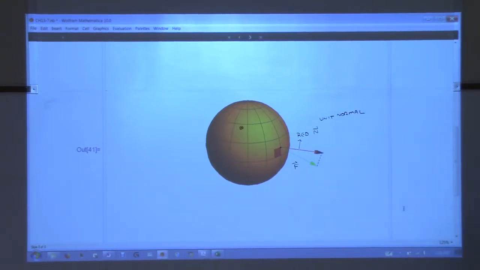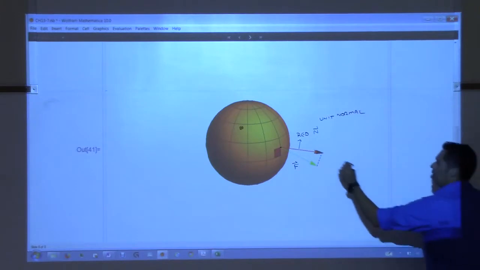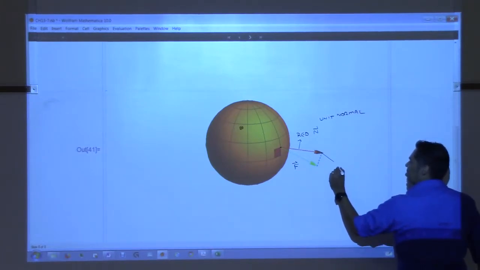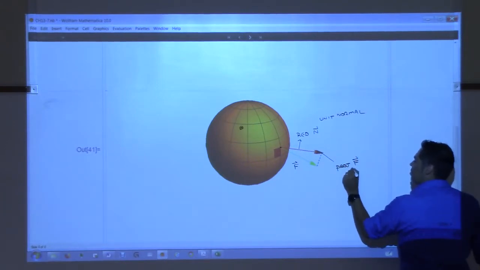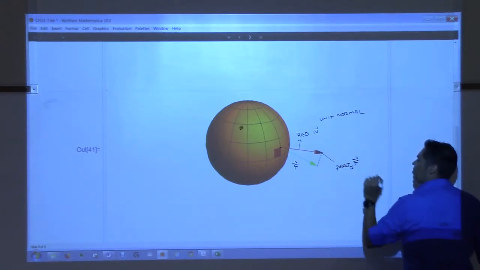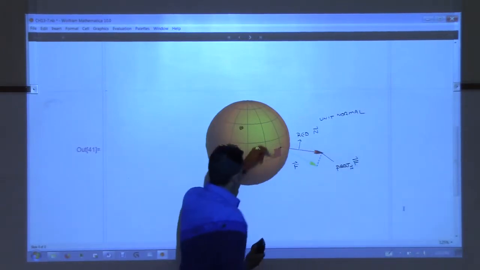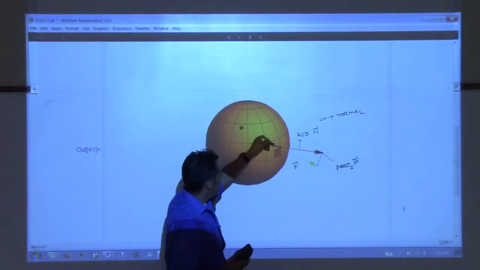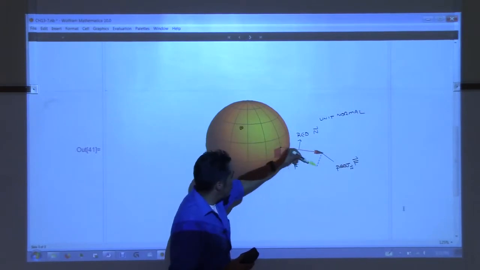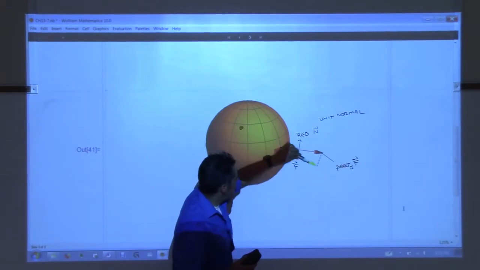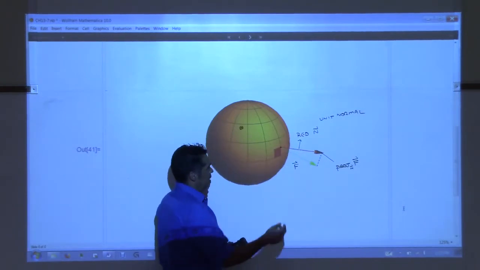And so what is the black one? Will that be our projection? Yeah, that's your projection. This black one is the projection of F onto N. With me? So we're taking the field in this direction and saying how does this vector projected onto my normal result?